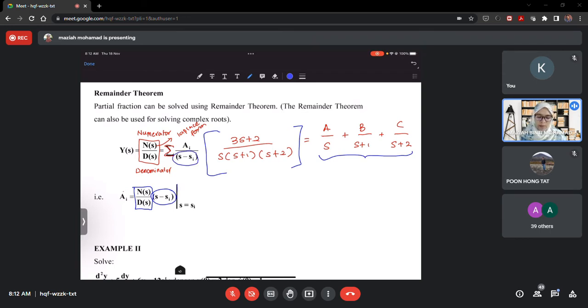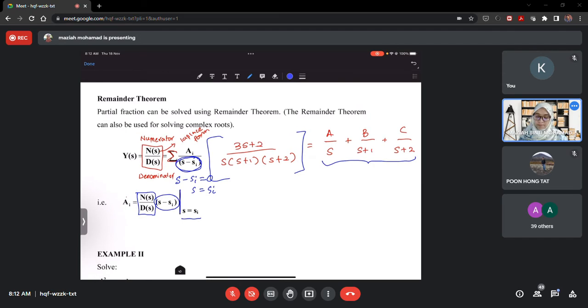And then we're going to consider S equal to Si, where it comes from the denominator here. We consider S minus Si equal to 0. Therefore, S equals Si.